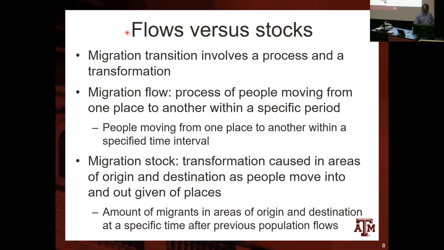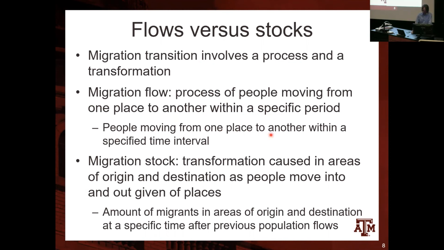I mentioned before that in migration there are two important terms, migration flows and migration stocks. Migration flow is the process of people moving from one place to another within a specific time period.